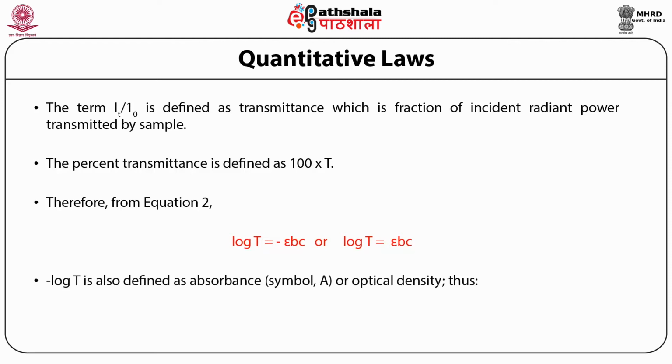Minus log T is also defined as the absorbance, represented as capital A, or optical density. Thus, −log T = A = εbC, and this takes the form of equation 3.